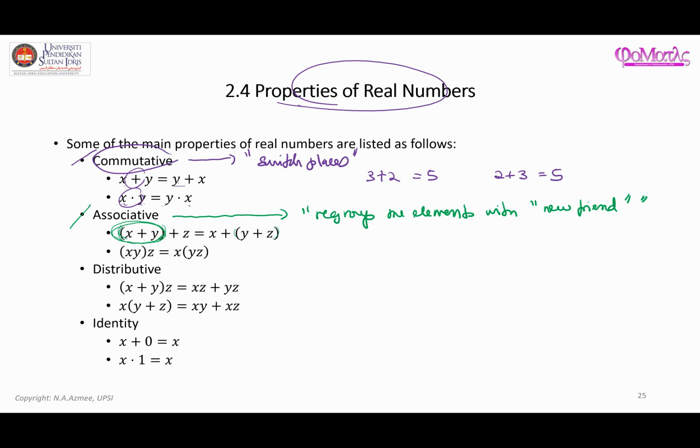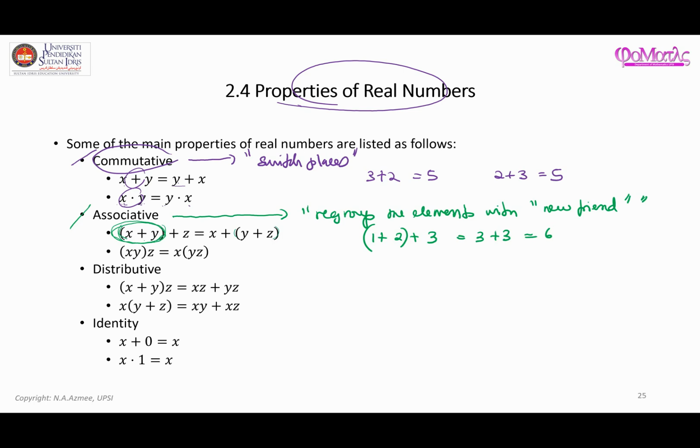One way of trying to visualize this is by considering some real numbers. You can try this for 1 plus 2 plus 3. We solve something in the bracket first, so 3 plus 3 is going to be 6.